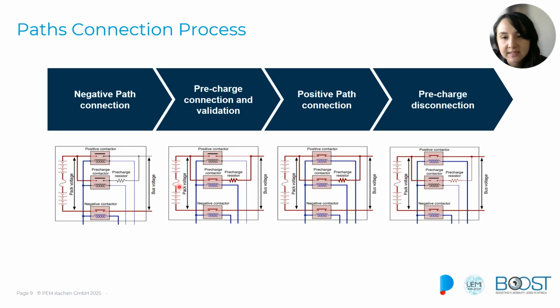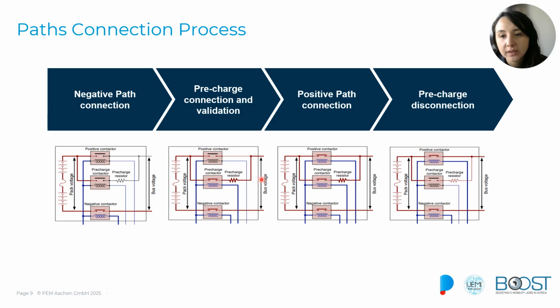Then in the next stage, we activate the flow of current through the pre-charge resistor, this one over here. The current will be flowing in this direction that I'm highlighting, from the battery to the pre-charge contactor, the pre-charge resistor, and finally to our capacitive load.